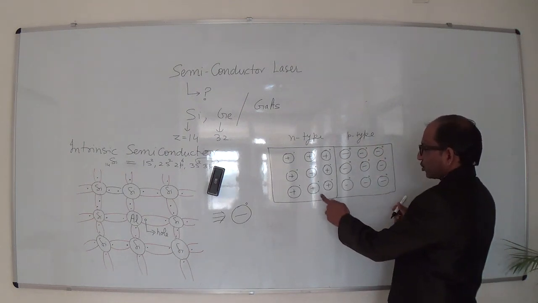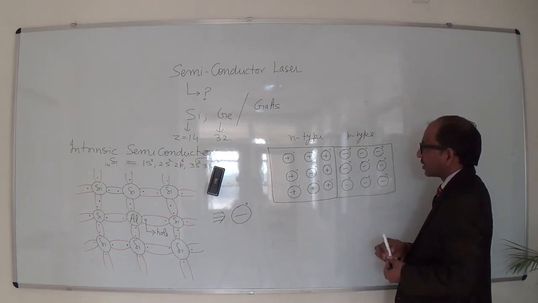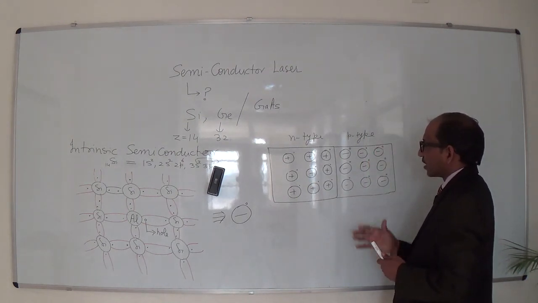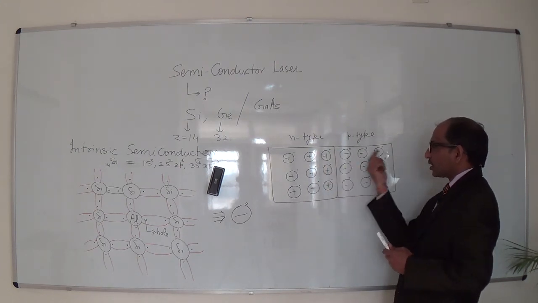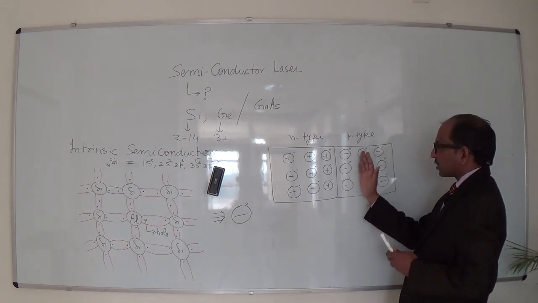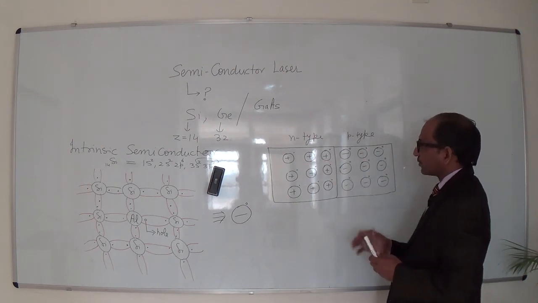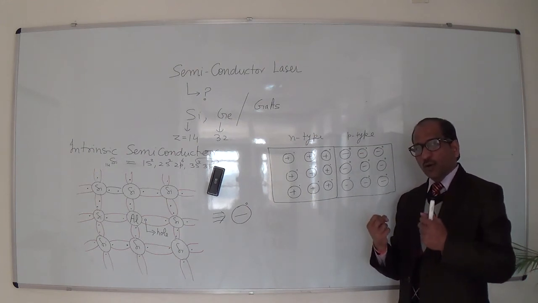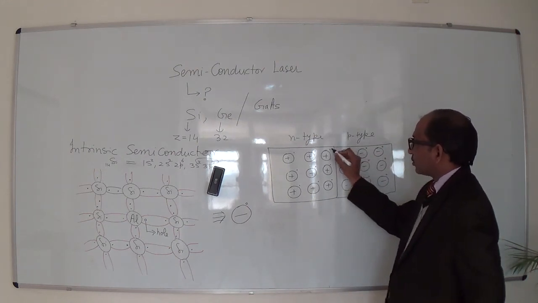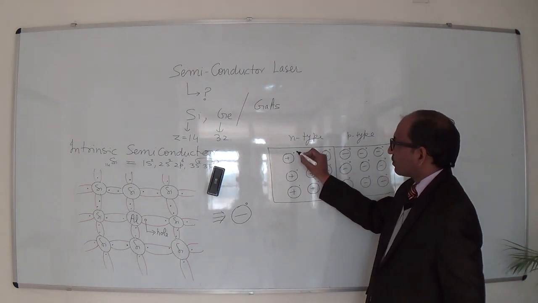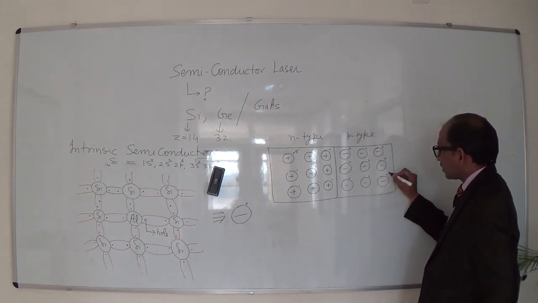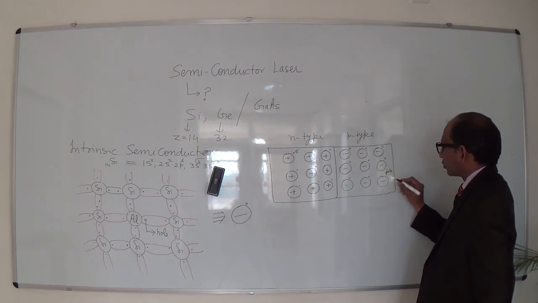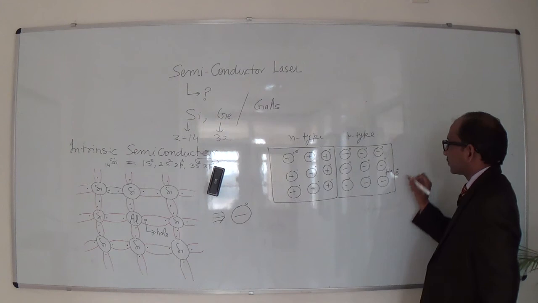When we join these together, n-type semiconductor material and p-type semiconductor material, what happens? The free electrons start to move towards the p-type, and holes start to move towards the n-type, and as a result electron-hole recombination takes place. These two represent electrons, and this open circle represents the hole, which is a positive charge, so e plus.